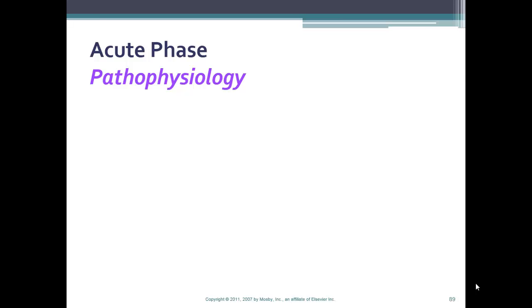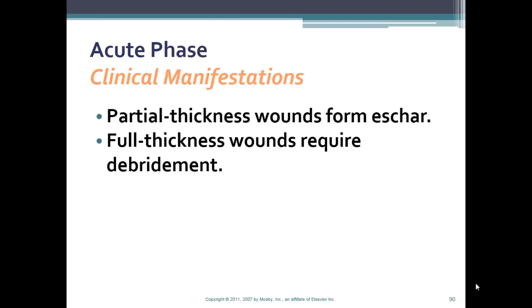The necrotic tissue will begin to slough, and you'll get granulation tissue. Then the partial thickness wounds will form eschar, and once the eschar is removed, re-epithelialization will begin. If it's a full thickness wound, it'll require some debridement.